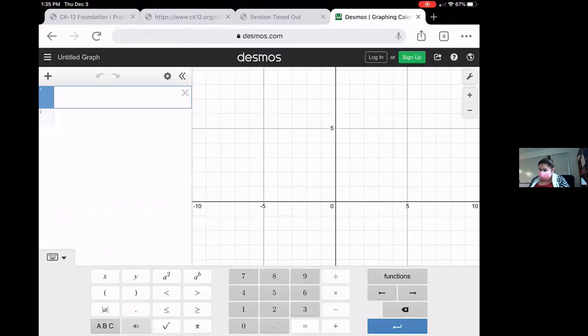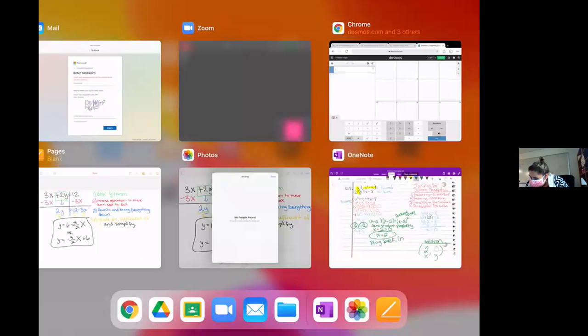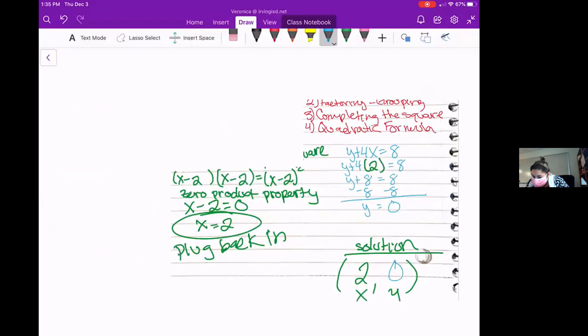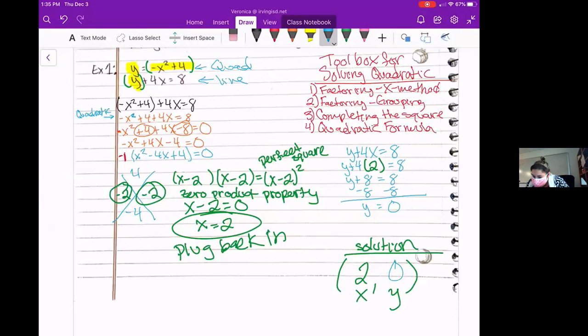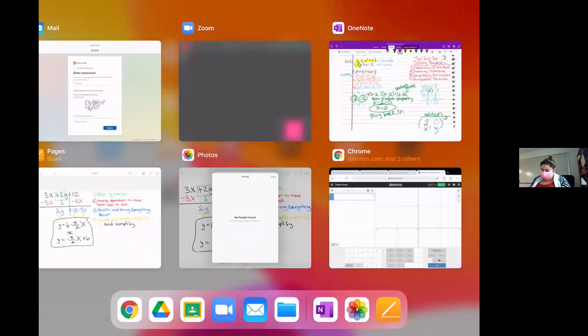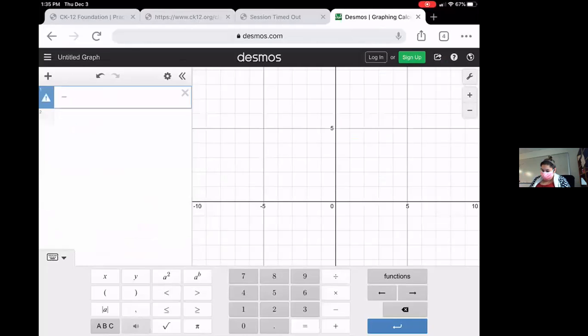Okay, so my equations were, oops. Oh yeah, don't forget the little negative over here. Not that it matters, right? Because we took it out. So it doesn't change our answer, but yeah, don't forget about that. So we're going to have negative x squared plus 4x minus 4.